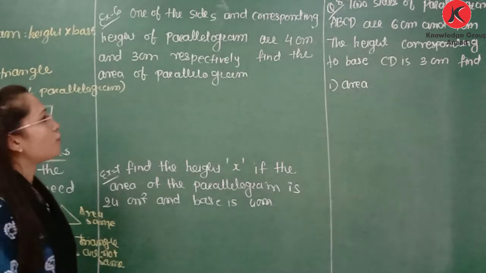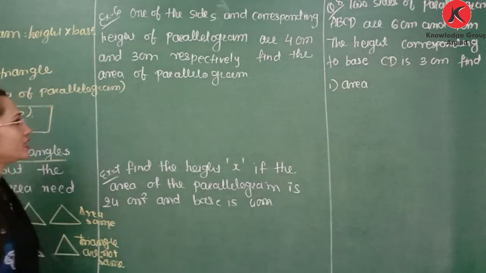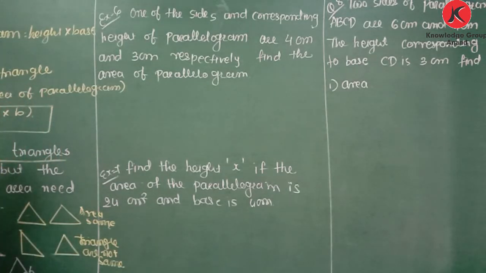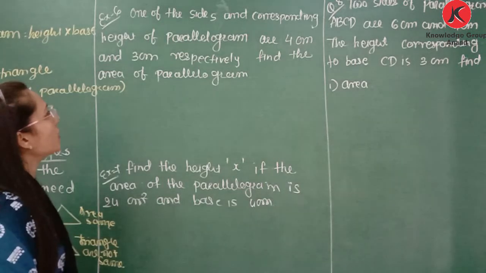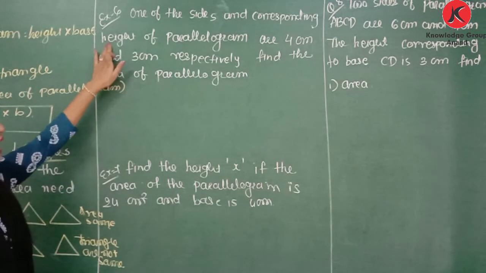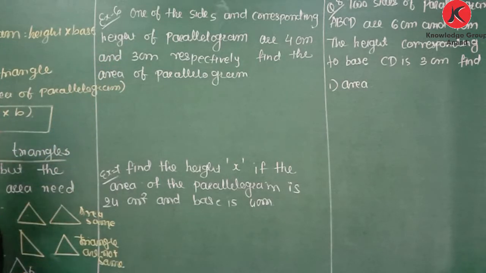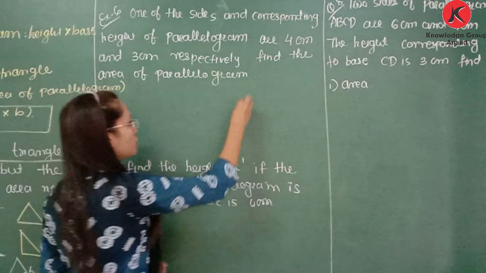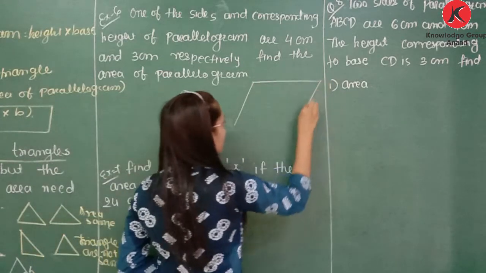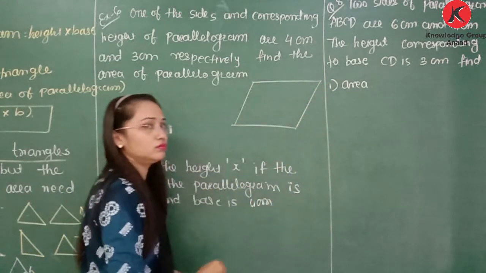So now example 6. One of the sides and the corresponding height of a parallelogram are 4 cm and 3 cm. Read the question properly: one side and its corresponding height are 4 cm and 3 cm. If you draw this figure, this is a parallelogram.